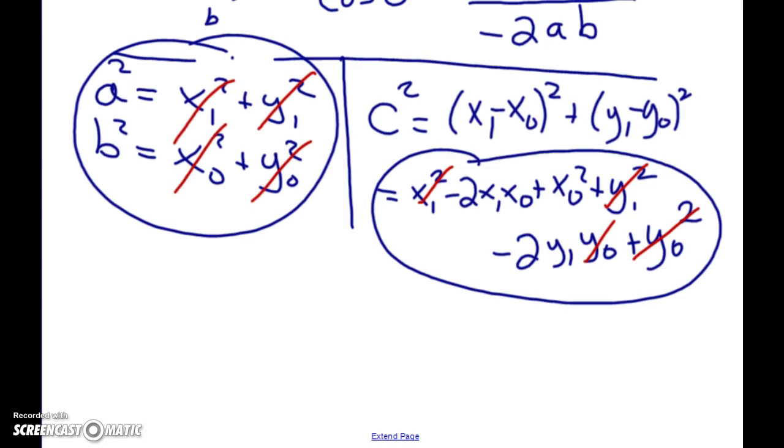I wrote a letter wrong someplace, but I don't care. Because I end up with minus 2 x0. Okay? That's it.